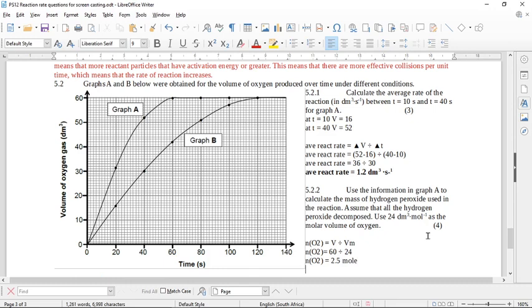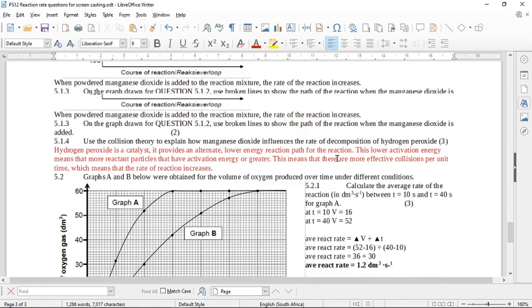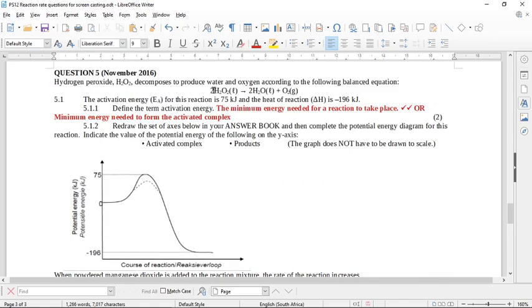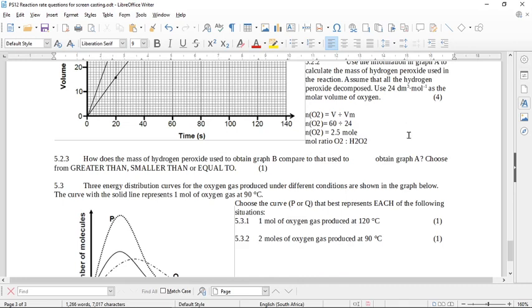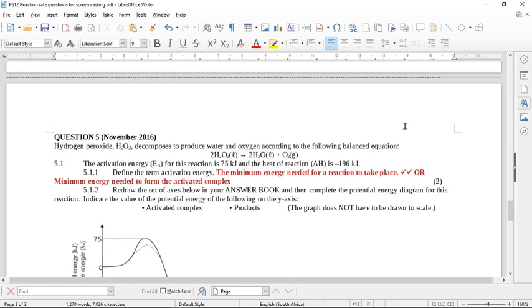Now we need to have a look at the mole ratio, because were we asked to find oxygen? No, we were asked to find hydrogen peroxide. So the mole ratio of oxygen to hydrogen peroxide, where's my balanced equation? 2 hydrogen peroxide to 1 oxygen. Okay, so if we wrote this the other way, it's 1 oxygen to 2 hydrogen peroxide. Am I right? Yes.